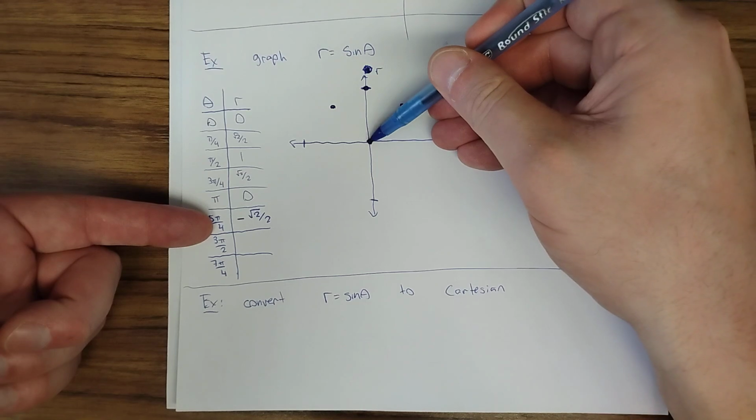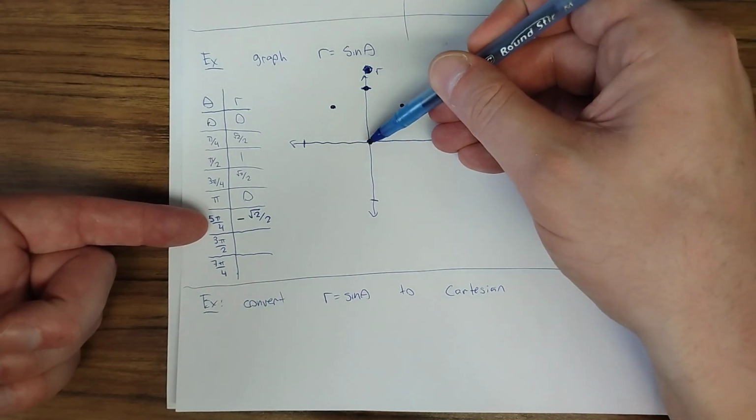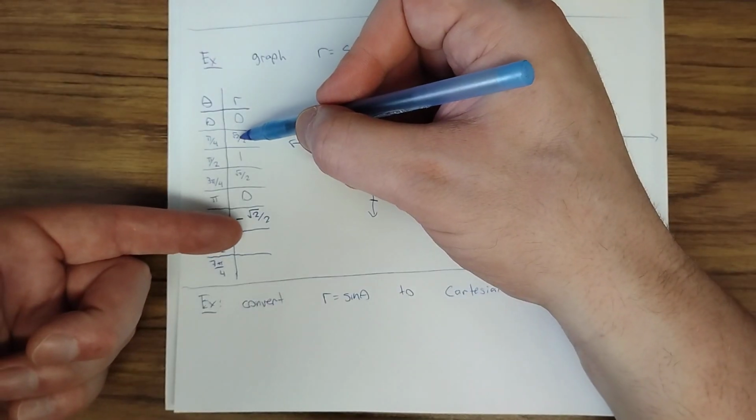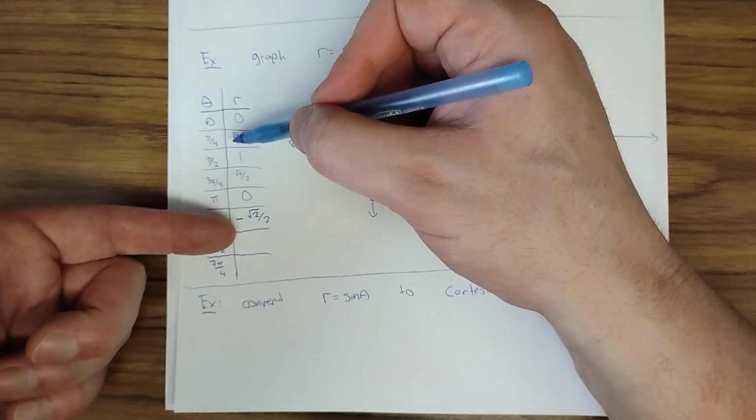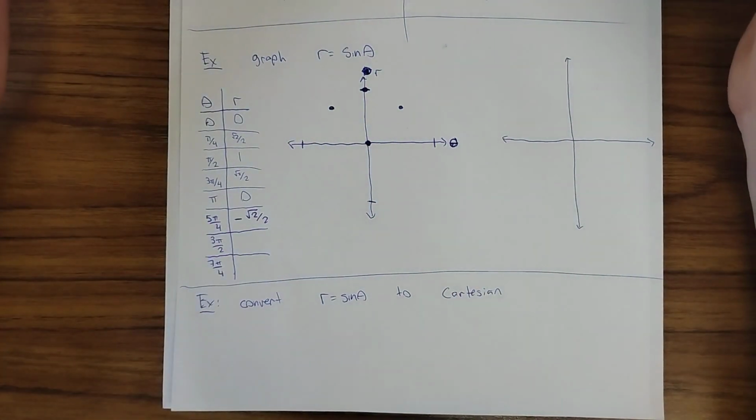When theta is the exact opposite value, meaning 180 degrees off of that, so 5 pi over 4, the value of r has the same absolute value, it's just that this one's negative and this one's positive, so actually I just find this point again.